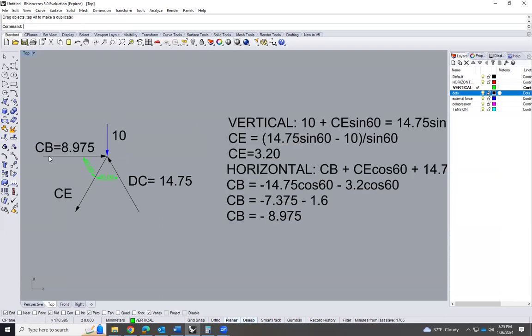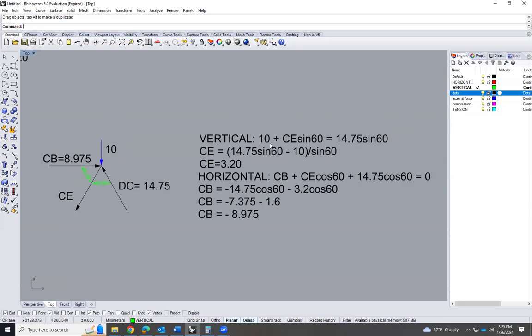Okay, so now that I have the right direction, it doesn't have to be a negative number. And finally, we have CE. Oh, CE is 3.20. Since it's a positive number, we don't have to change the direction.